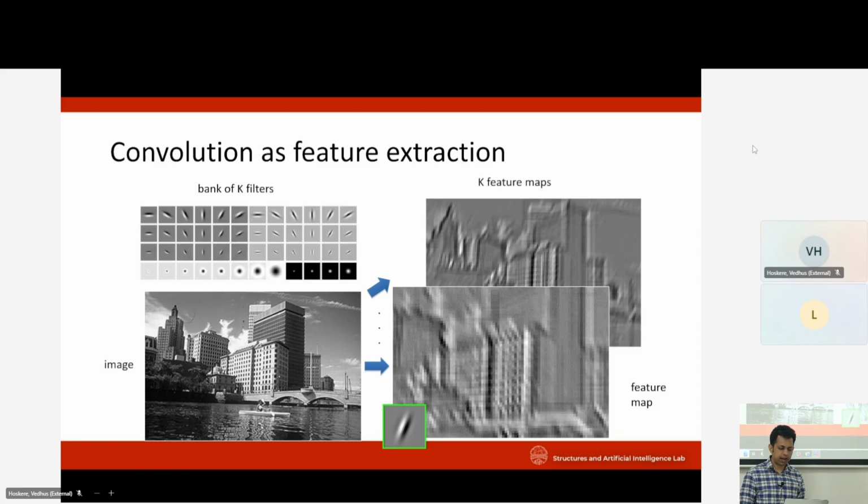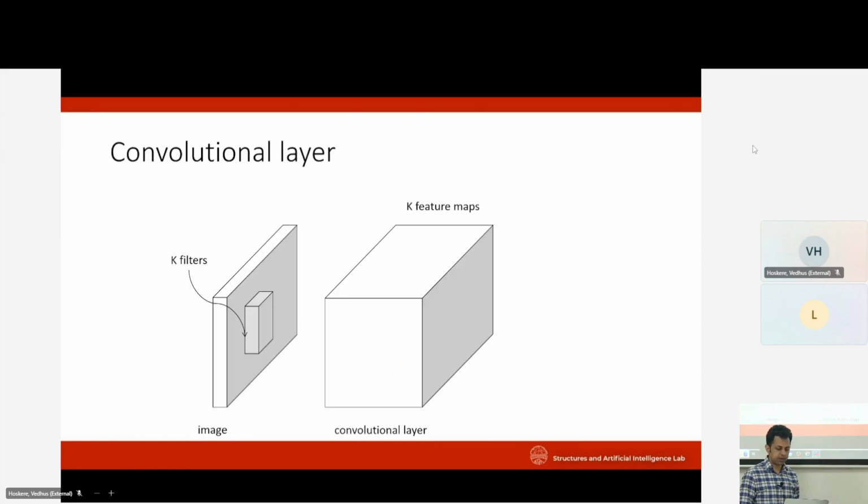And you can have a bank of K filters. These are traditional methods used in computer vision that all identify different features in the image. And similarly, we have many filters that are learned. And the idea is that you don't hand code it, but you automatically learn what these filters need to be.